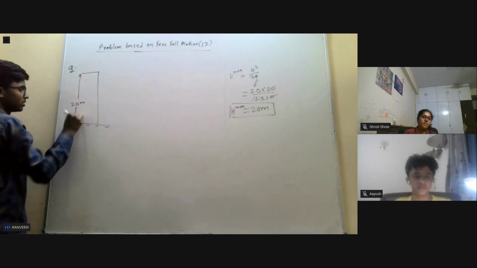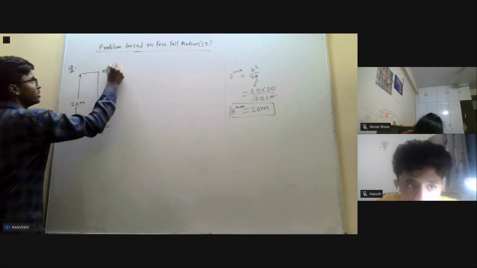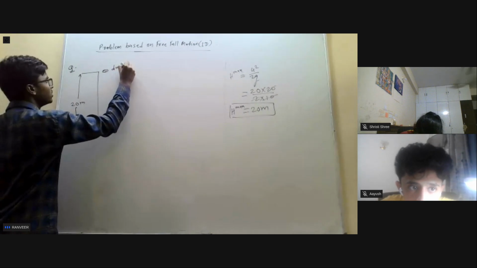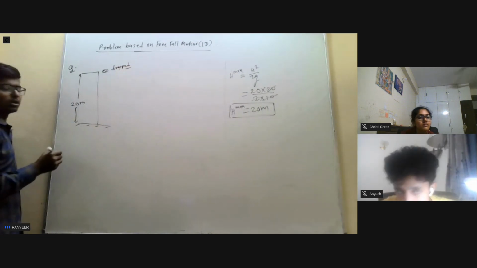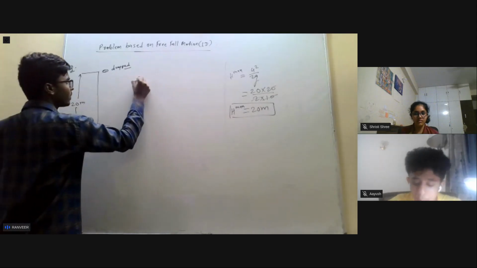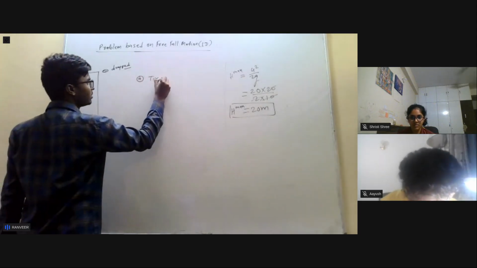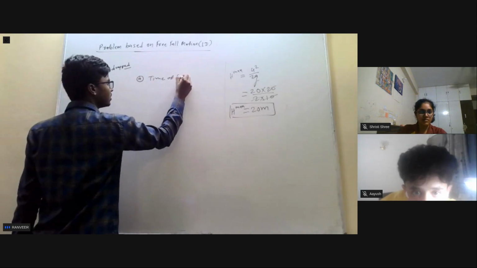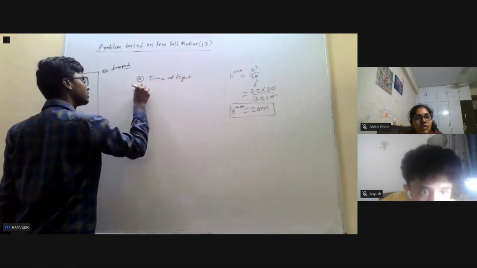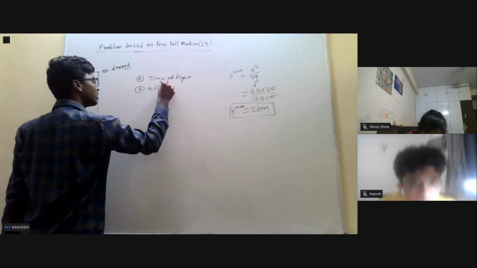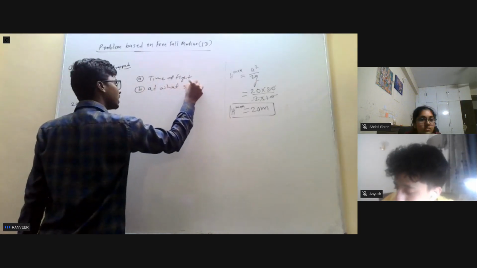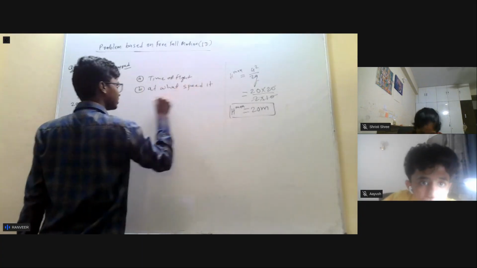A ball is dropped from a height of 20 meters. Four questions. What is the time of flight? At what speed does it hit the ground?